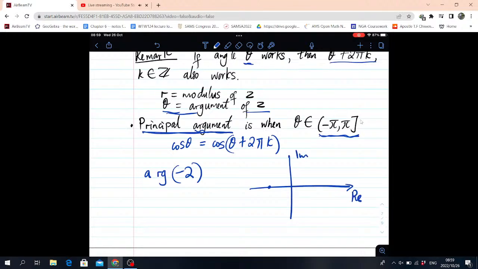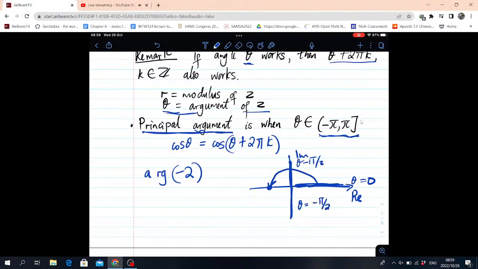If I think of theta, theta is going to be there, and that will be the angle from 0 to there. So here, this is when theta is equal to 0. And if you are here, then theta is equal to pi over 2. If you're thinking about this one, theta is equal to minus pi over 2.